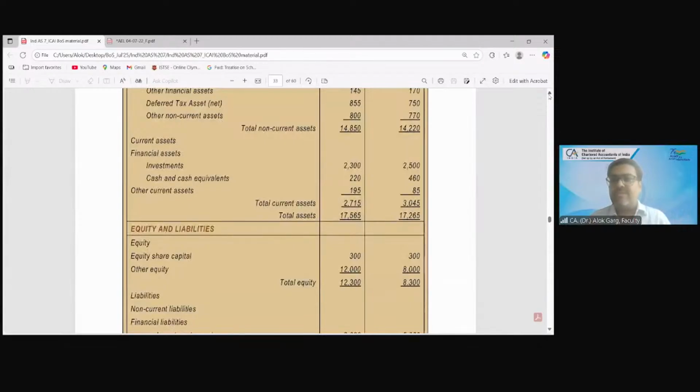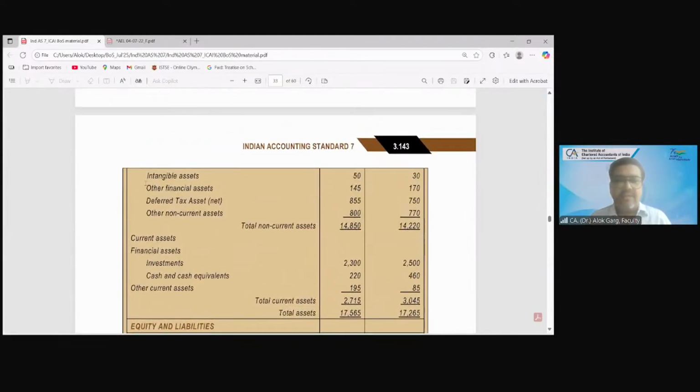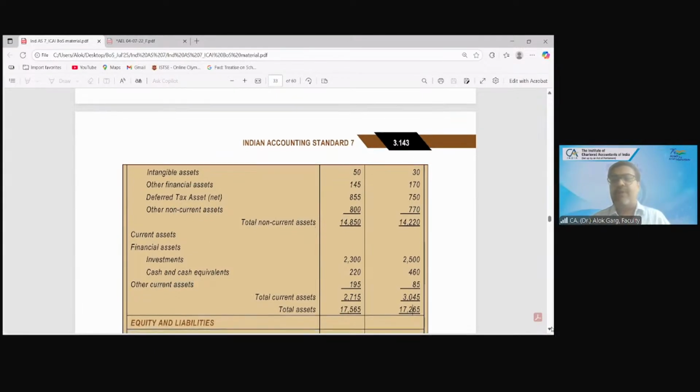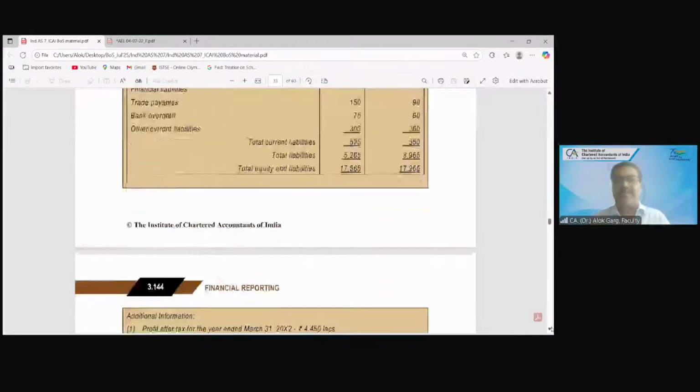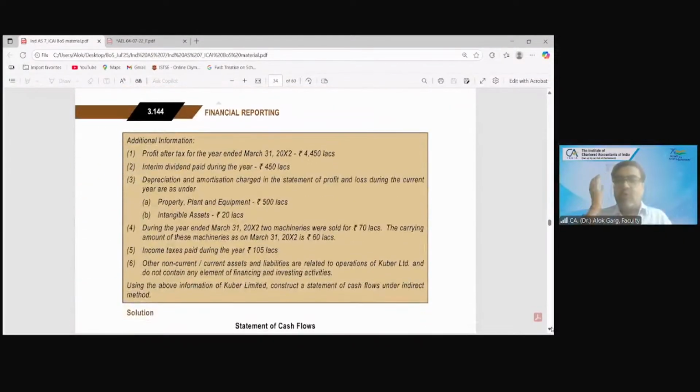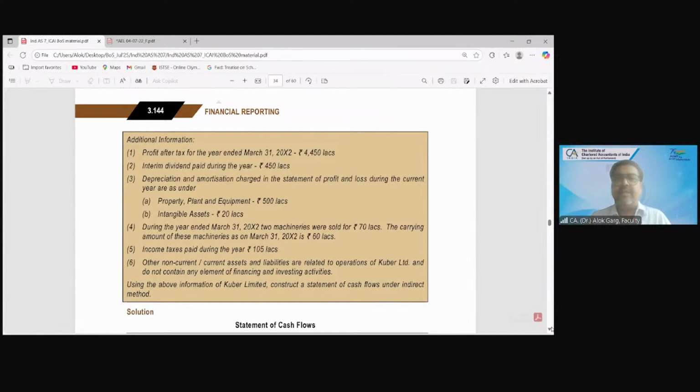In the balance sheet, there is other financial asset, other non-current asset, other current asset. So this information is saying that this is all operating. Means no loan to subsidiary or loan to other party is involved.